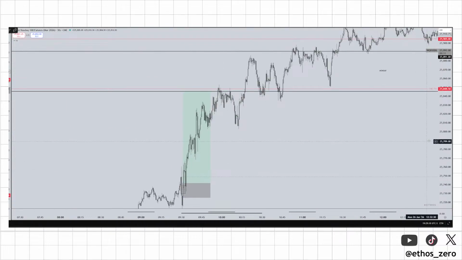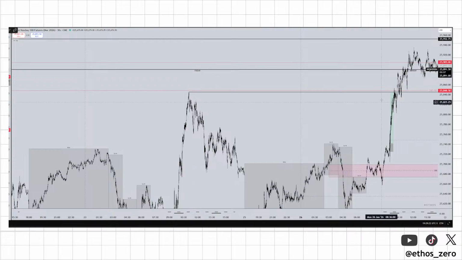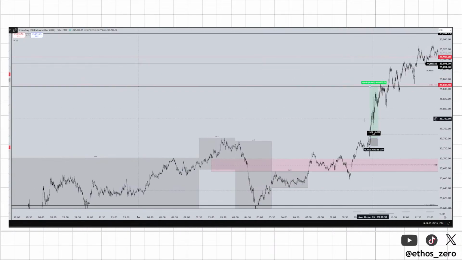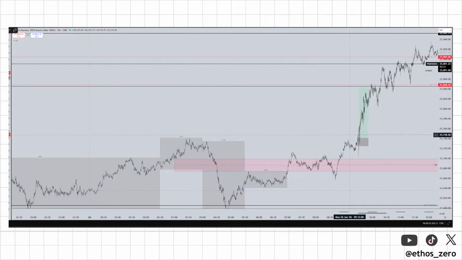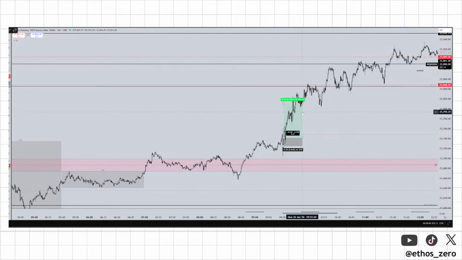You could have a runner on for the highs over here if you wanted to, or you could take a 1-to-1 here, and then just see how high it would go, trailing all the way up to here. Preferably, if I was in this, I probably would have stuck to a 1-to-1, 5 on, 4 off here, and then let a runner run and maybe get stopped out in profit.